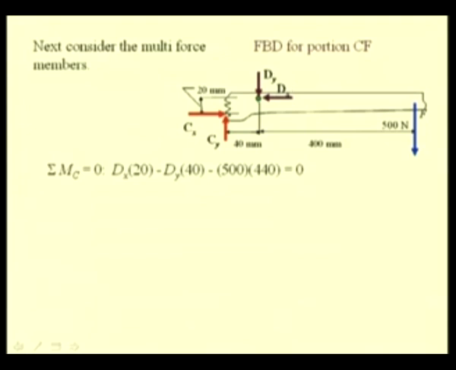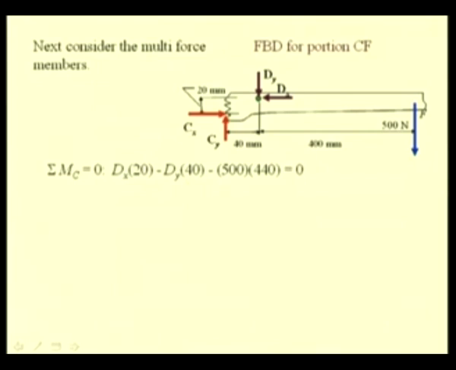So, the moment arm of this force Dx about this point C is 20 mm and it causes a counterclockwise moment and thereby it is a positive quantity. This force Dy causes a clockwise moment. The moment arm for this is 40 mm.